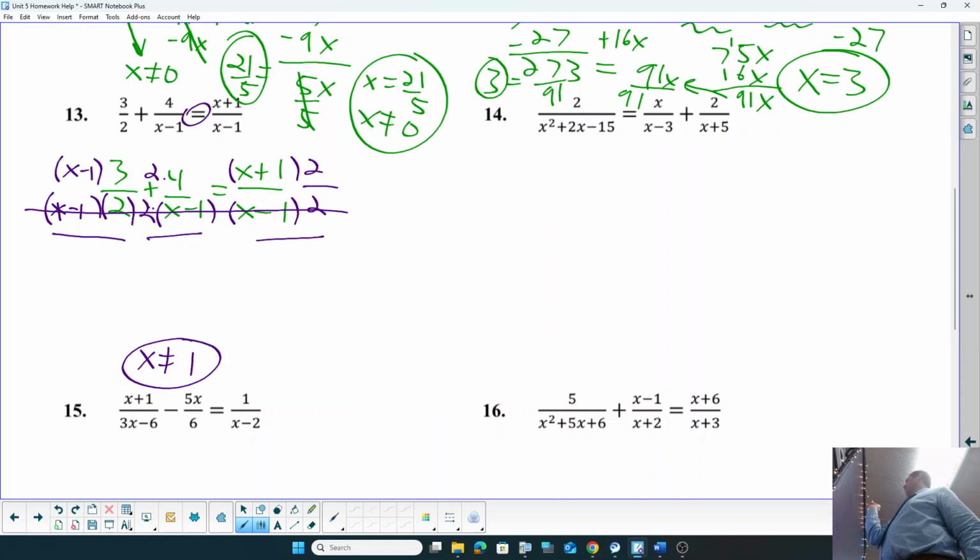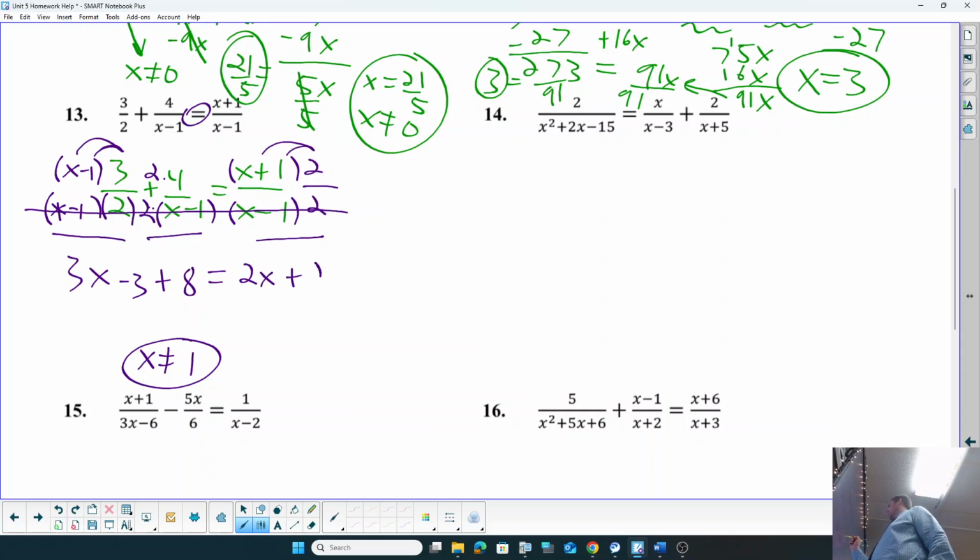Okay, so then we have 3 times x is 3x. 3 times negative 1 is negative 3. Plus 8 is equal to 2 times x is 2x plus 2. So then we're going to go ahead and combine like terms. 8 with negative 3 is 5, so we got 3x plus 5 is equal to 2x plus 2.